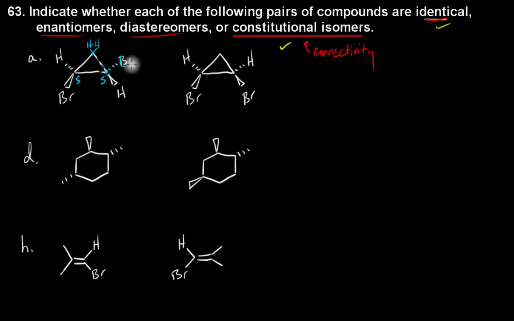So the slow way is again to look at the bromine. Bromine's number 1, hydrogen's number 4, and for the same reasons as before, this carbon is going to be the second highest priority, and this carbon right here is again going to be the third highest priority. So again, we have our lowest priority not pointing in the back.